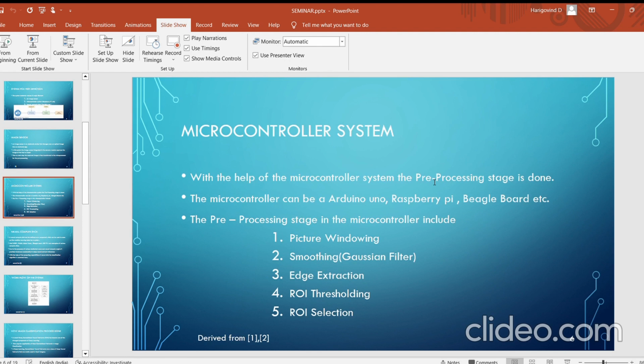The pre-processing stage is done by the microcontroller system, and it includes the following five steps: picture windowing, smoothing, edge extraction, ROI thresholding, where ROI means region of interest, and ROI selection. These are the major steps included in the pre-processing stage.